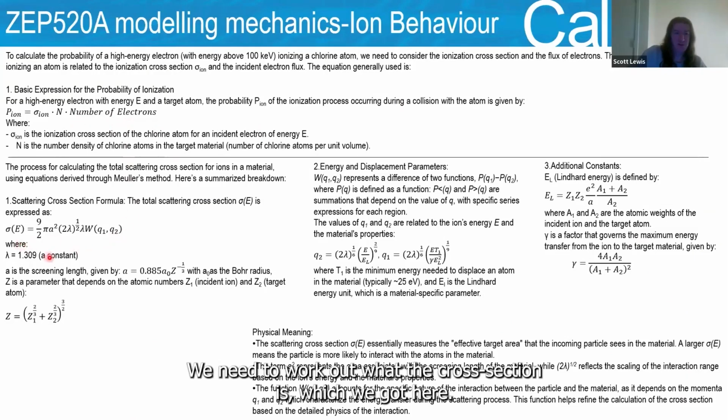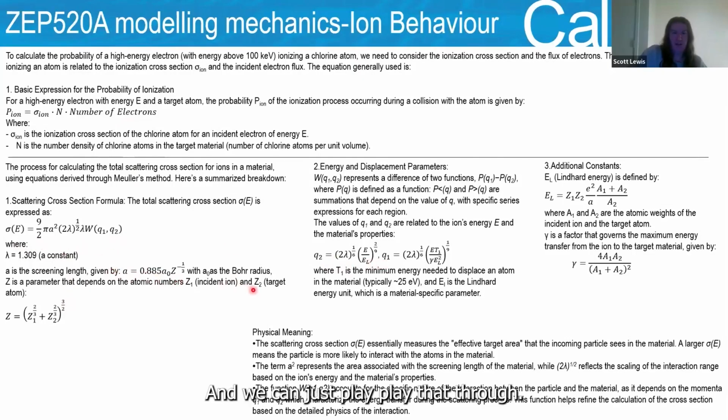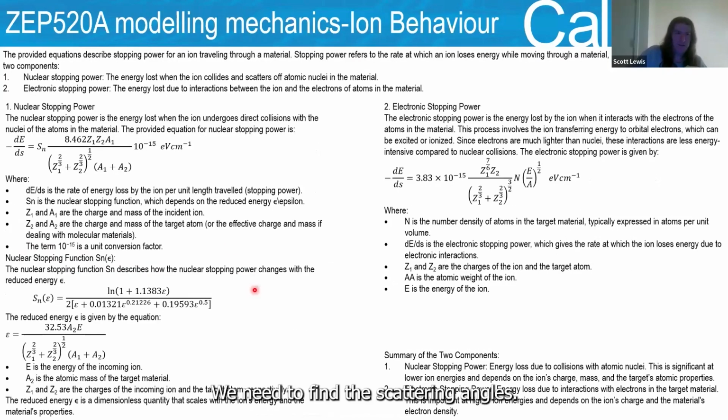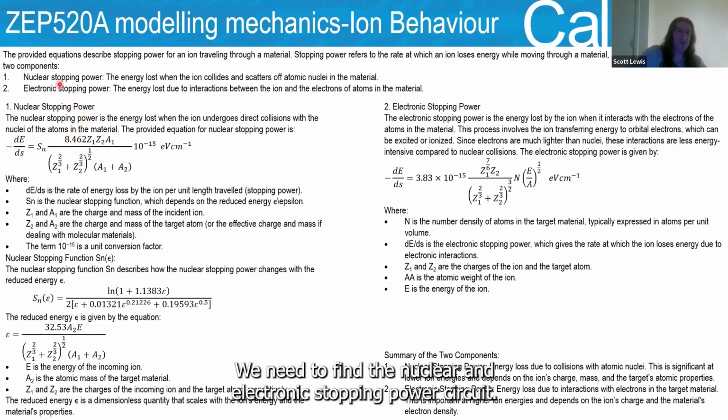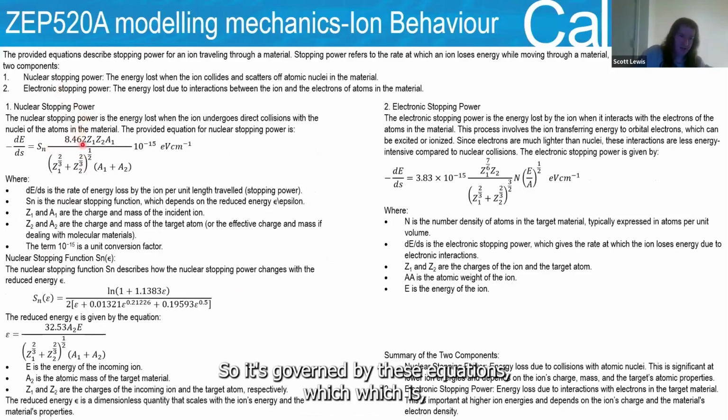We need to work out what the cross section is, which we've got here, and we can just play that through. We need to find the scattering angles, and we need to find the nuclear and electronic stopping power. So it's governed by these equations, where we've got the electronic one on here and the nuclear one on there. So you can see that, and you can work through that.